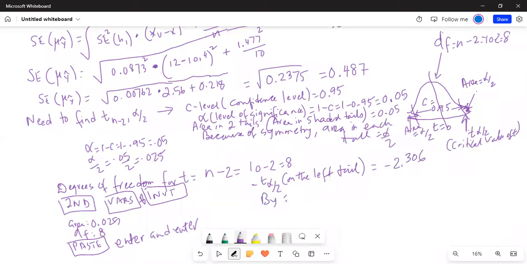By symmetry, T alpha by 2 on the right tail is the same value without the negative sign, 2.306. So why do I need these values? Because we have to use the equation for the 95% confidence interval, which is in the textbook. I'm looking it up and I'll write it for you.